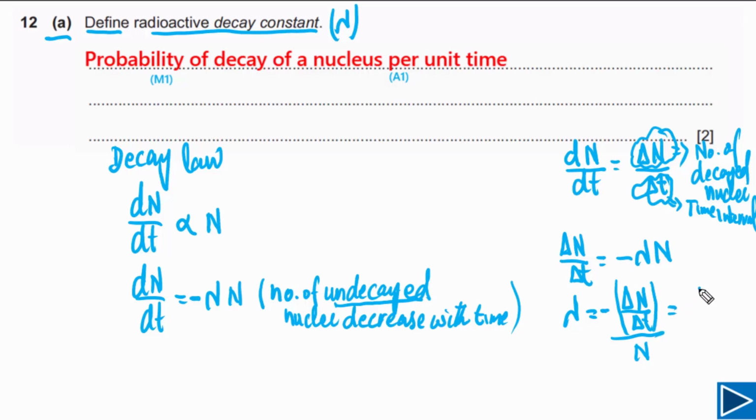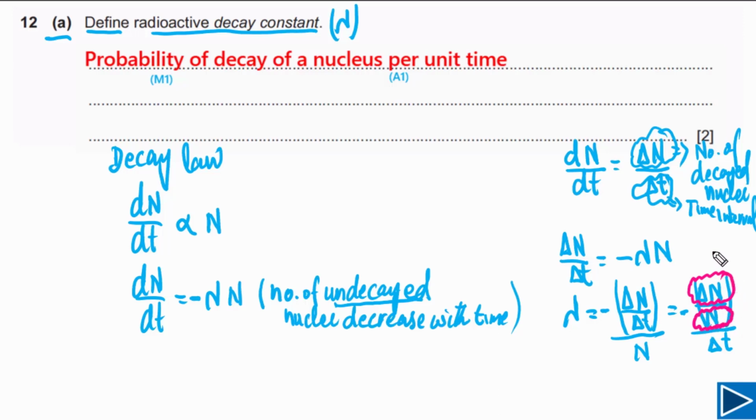Now we can also rearrange this into a slightly different form. This N we can bring here, so this is delta N by N, divided by delta t. We have the negative sign here. Now you need to understand what delta N by N is. Delta N is the number of nuclei decayed, and N is the total number of nuclei in the sample.